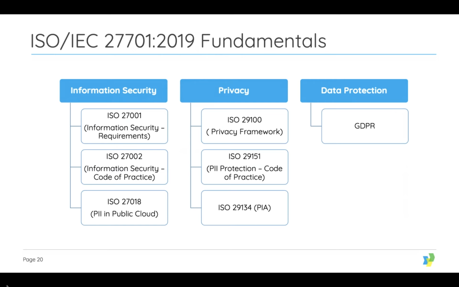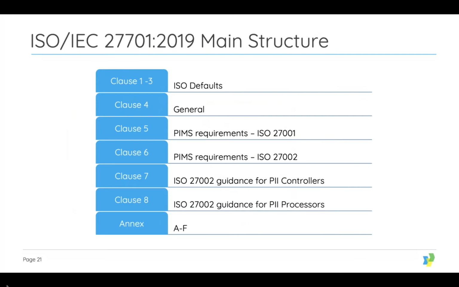The mapping goes like this: 27001, 29000, 29100, 29151, 29134, the GDPR. Of course, it's also mapped to the 27018, which is the PII data for the public cloud. So if we look at the mapping to the ISO and we look at the standards of the framework, how the ISO follows, the default is the 1 to 3 clauses.